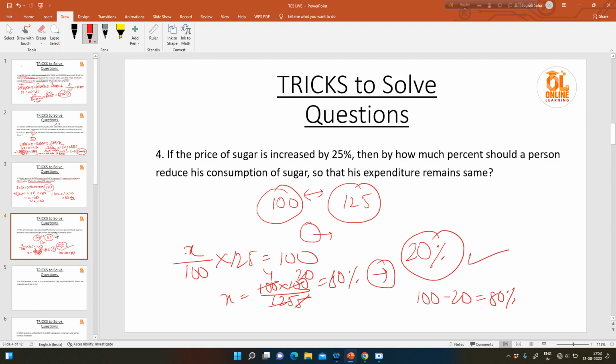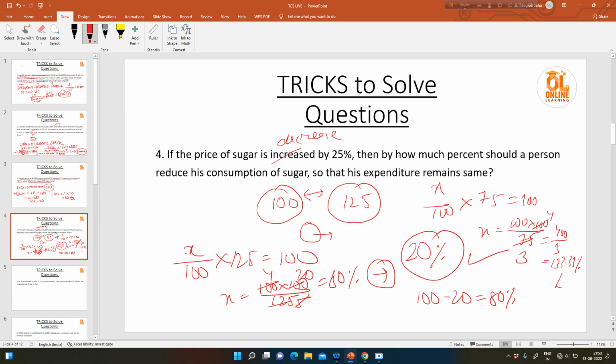Suppose they had given that the price of sugar is decreased by 25%, then what we would have done is x by 100 into 75 is equal to 100. So 100 into 100 by 75, it would be 400 by 3, which is something like 133.33%.